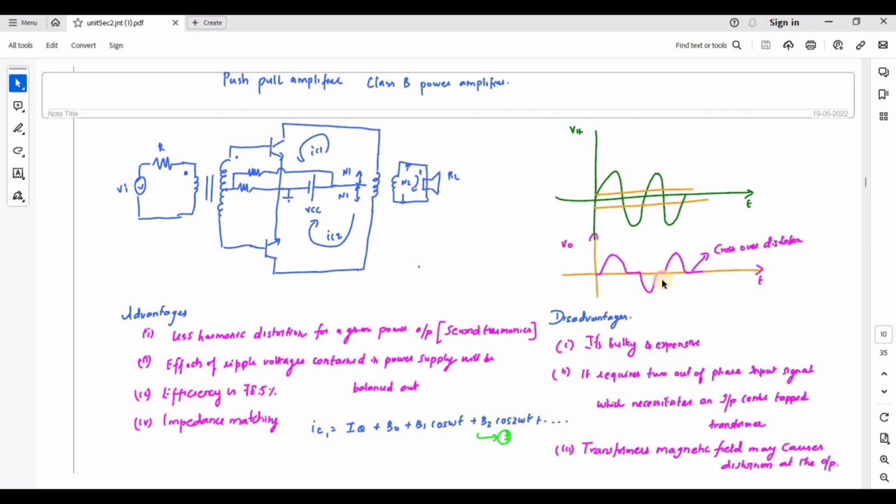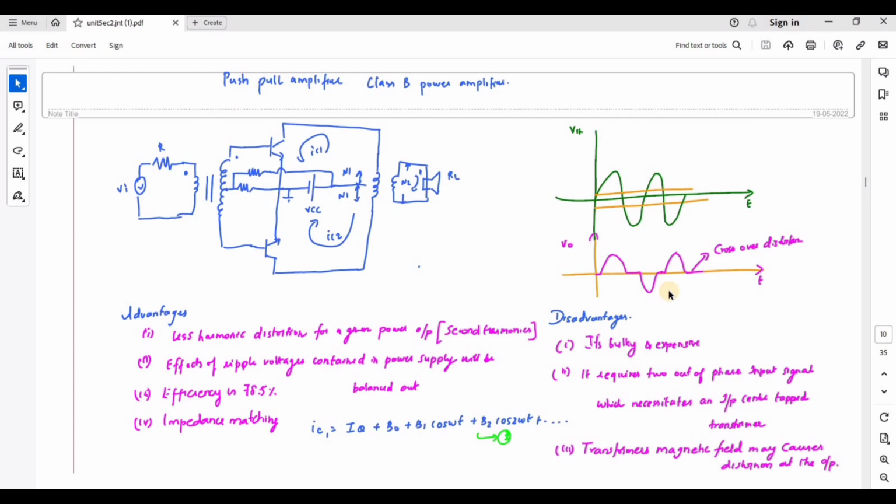This application of the slight forward bias shifts the Q point above the cutoff. In such a state each transistor operates for more than half a cycle, and the resulting operation is called class AB operation.